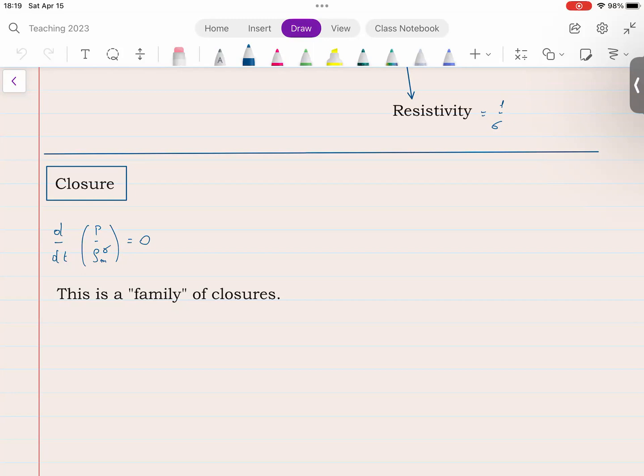And in fact, what happens is that what is called the polytropic index gamma can assume different values.